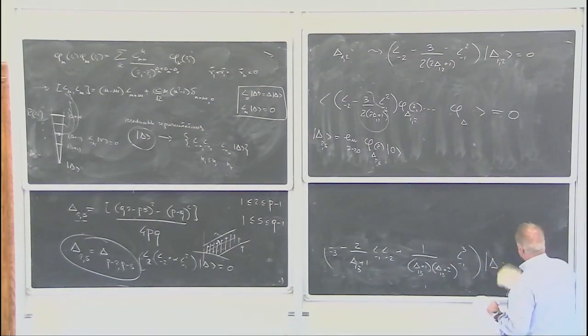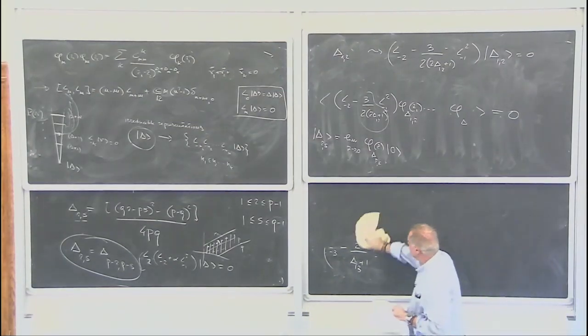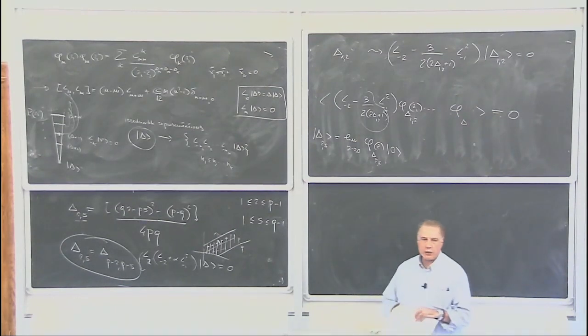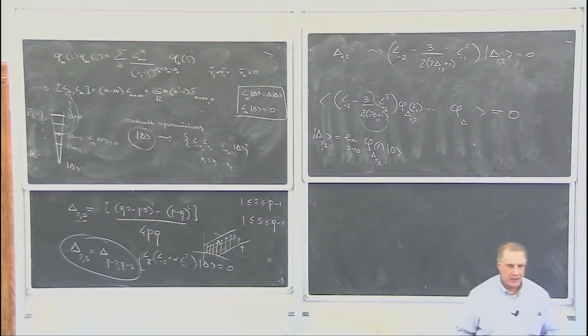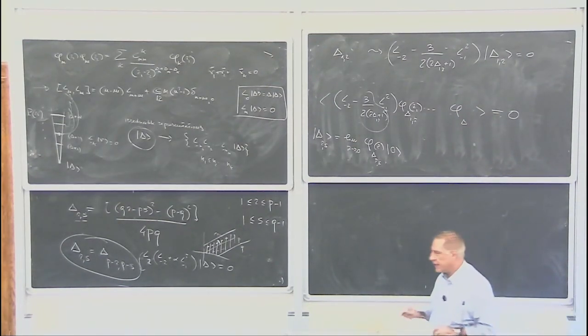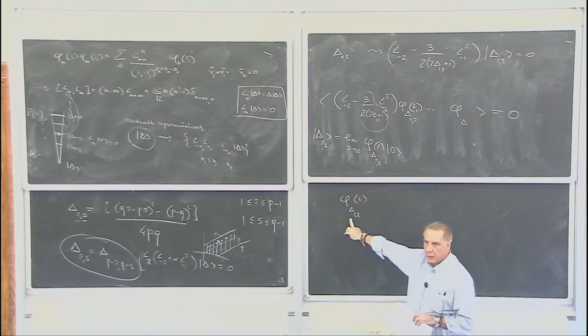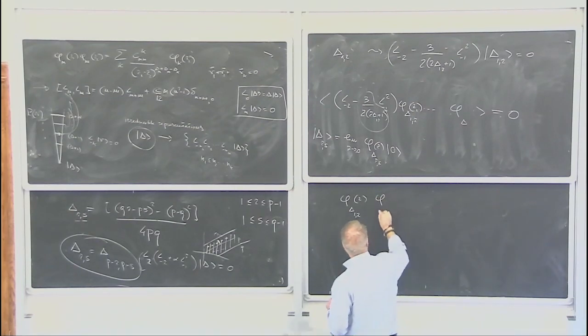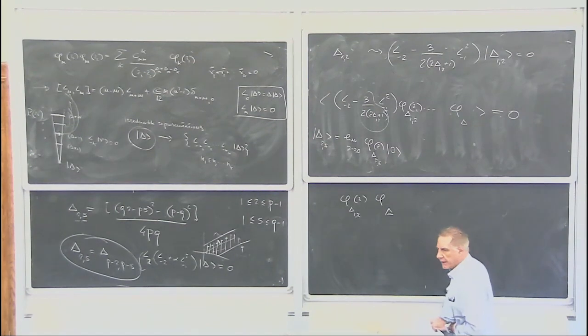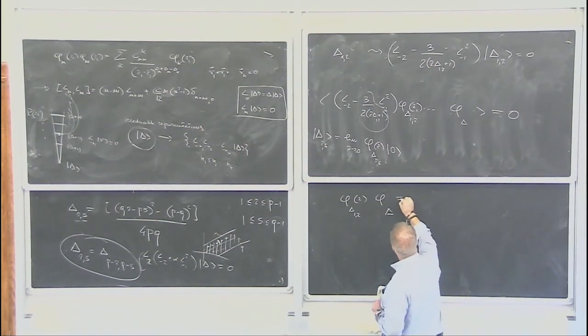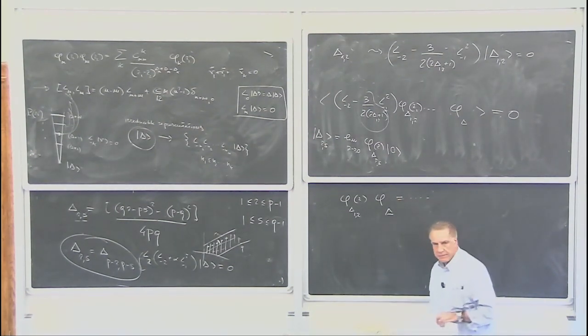So what I want to say is, I can pose these very innocent questions, but the answer will be very interesting. Let me take as a primary field the one which has a null vector at level 2. And let me ask, if this guy makes an operator product expansion with another primary, what can be here?